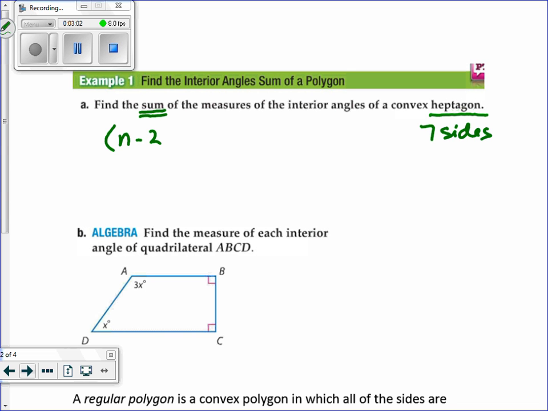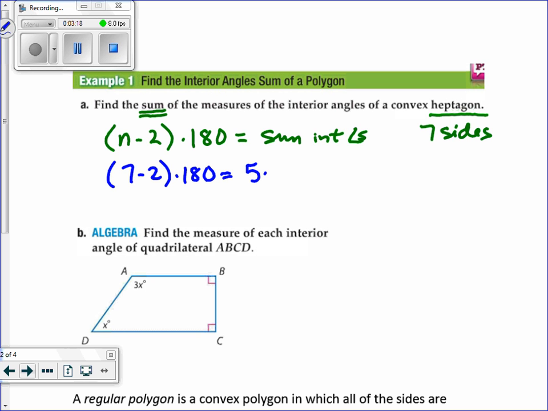So n-2 times 180 equals the sum of the interior angles. I can substitute 7 in, which is equal to 5 times 180, and that's 900 degrees. So heptagons have an interior angle sum of 900 degrees.